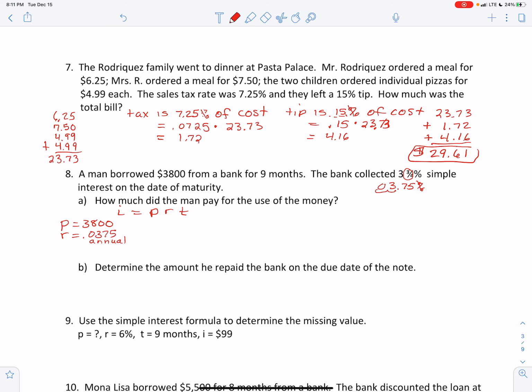So I need my time in years. Well, to convert 9 months to years, you'll take the number of months, 9, and divide by 12. So 9 months is 9/12 of a year. So it's 3,800 times 0.0375 times 9 divided by 12.